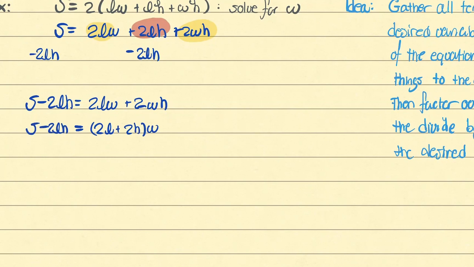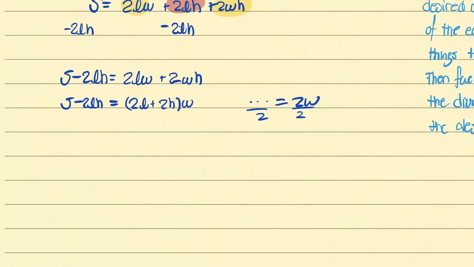And I'm almost there. So if this was something equal to 2W, I would solve for W by dividing by 2 and then dividing by 2. And we're going to do the same thing with this expression on the right-hand side. What I'm going to do is divide by this quantity, 2L plus 2H, and this quantity, 2L plus 2H.